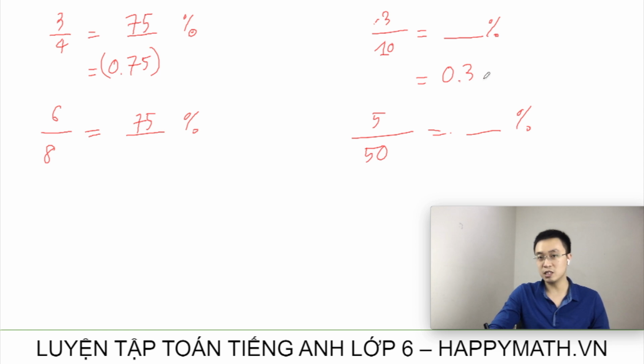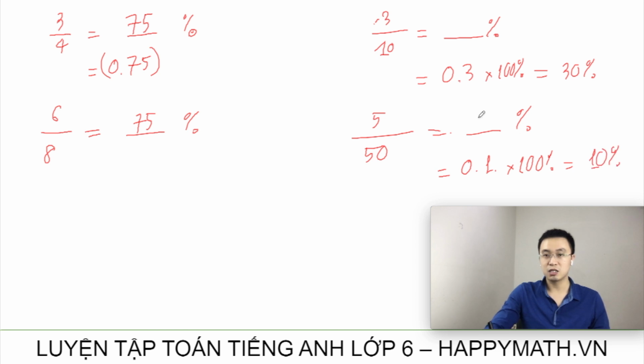So from the decimal form, we multiply by 100%, and you get 30%. 5 over 50, what do you get? 0.1. And 0.1 multiplied by 100% gives 10%. So the answer for this one will be 10%.